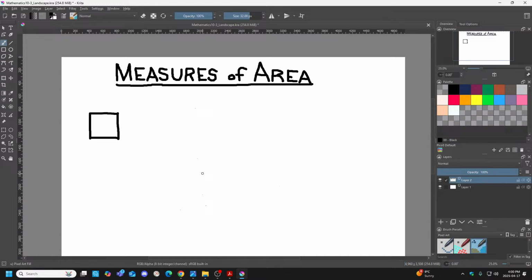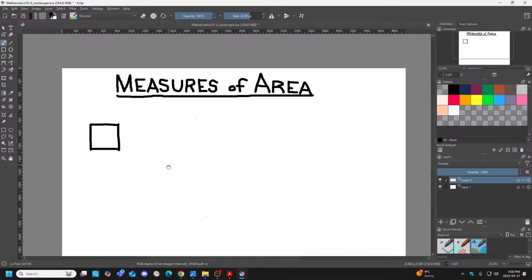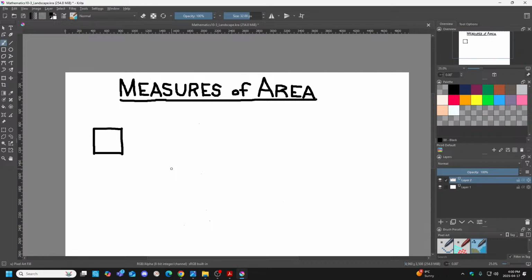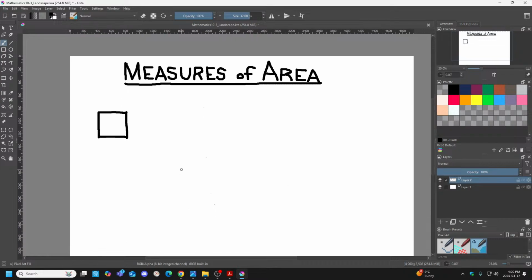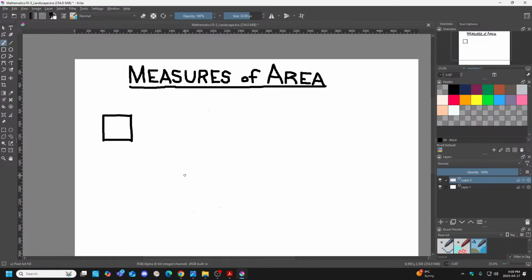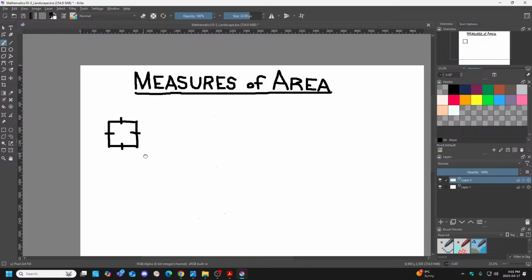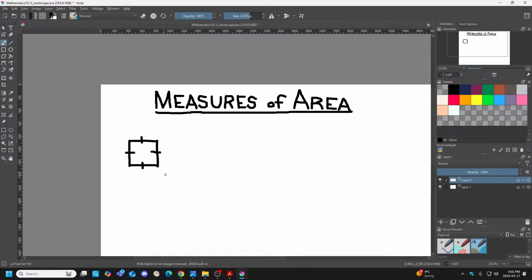Okay, so that's done. Let's do another one for square feet. There really isn't a diagram for this one. You actually have to think a little bit. Those little molecules inside your brain, you have to get them in motion.